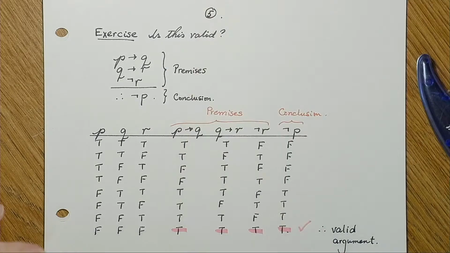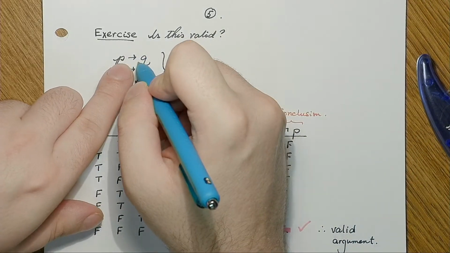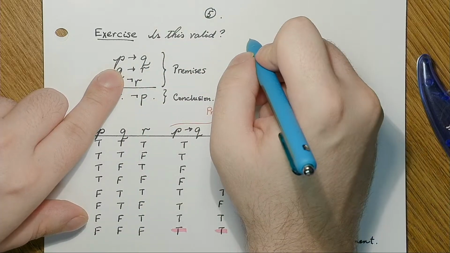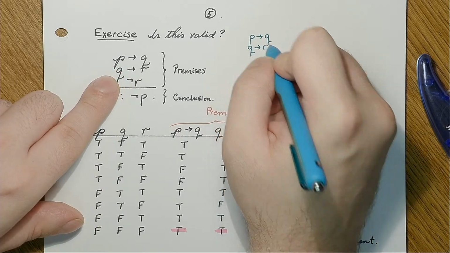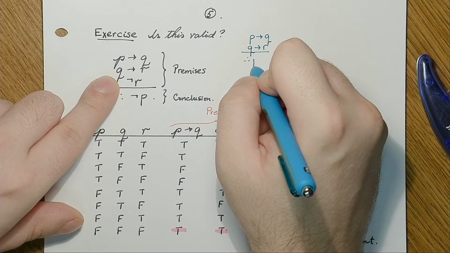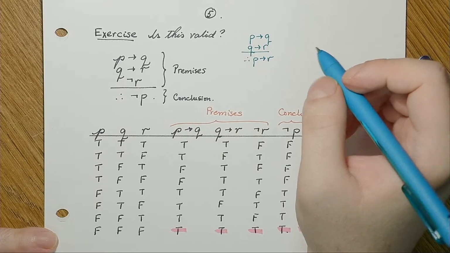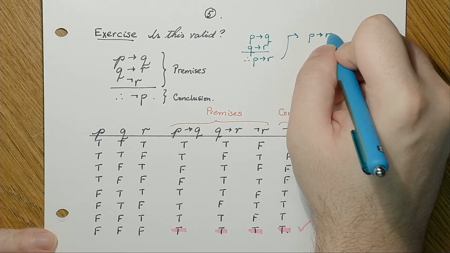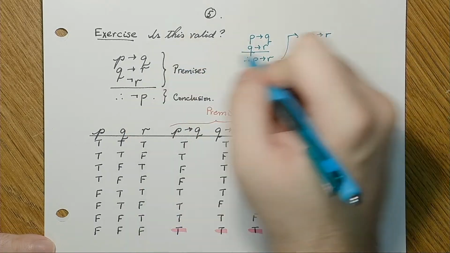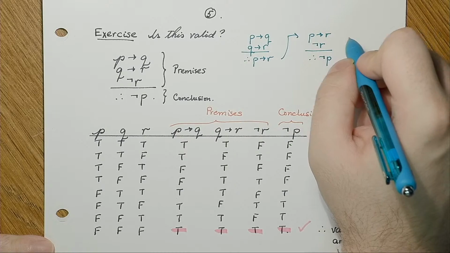But I kind of knew that this was a valid argument before I even started. And the reason for that is because I can see the hypothetical syllogism. So we had P implies Q, Q implies R. So therefore, I knew from the hypothetical syllogism that P implies R. Then I had not R, therefore not P, which we know is true.